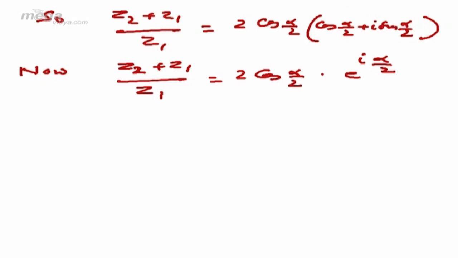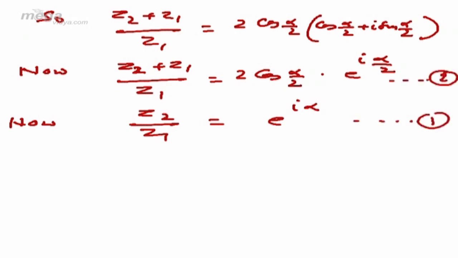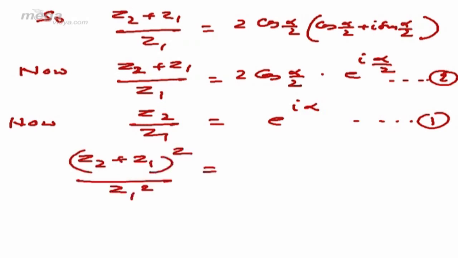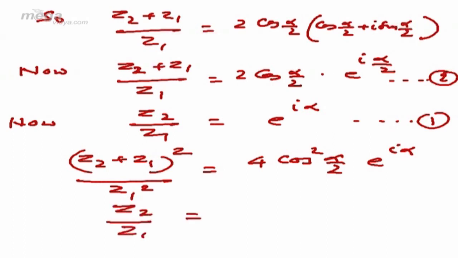Now the first equation is Z2 by Z1 is equal to e to the power i alpha. If we square equation 2, it will become (Z2 plus Z1) whole square divided by Z1 square is equal to 4 cos square alpha by 2 e to the power i alpha. And the first equation remains the same, e to the power i alpha.